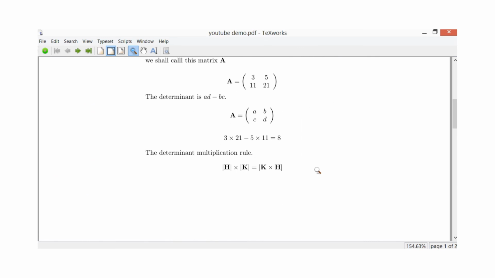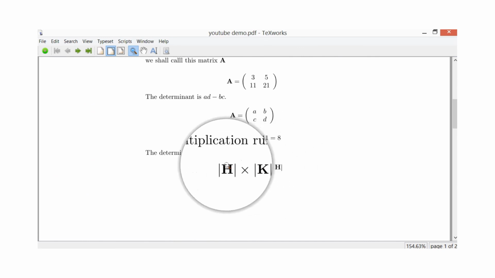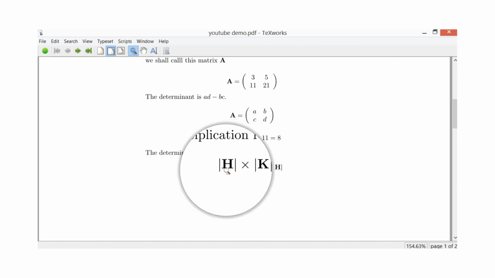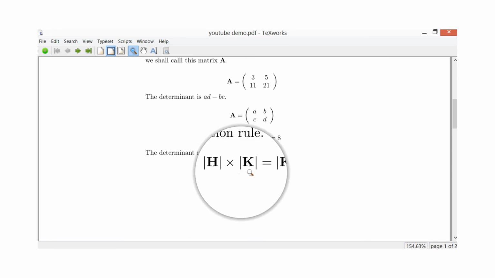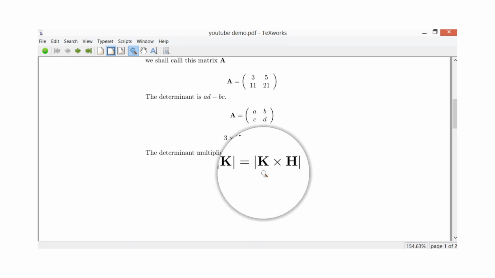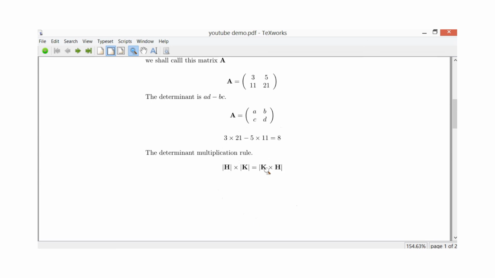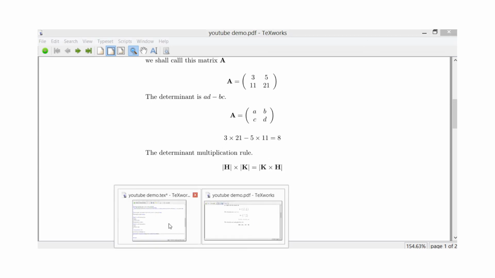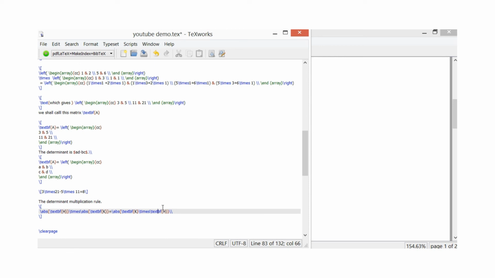That's nothing new. So that's basically going to give me this: the determinant of matrix H times the determinant of matrix K equals the determinant of matrix K times H. That's the determinant multiplication rule, and that's how I get to it. That's this line here.